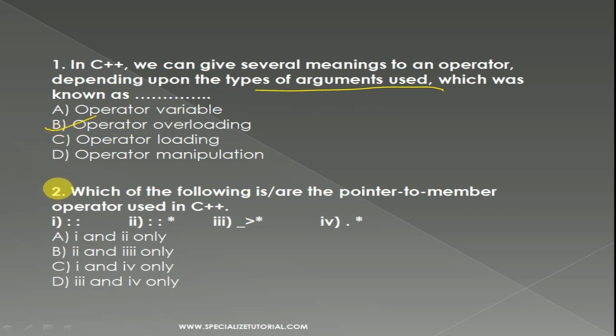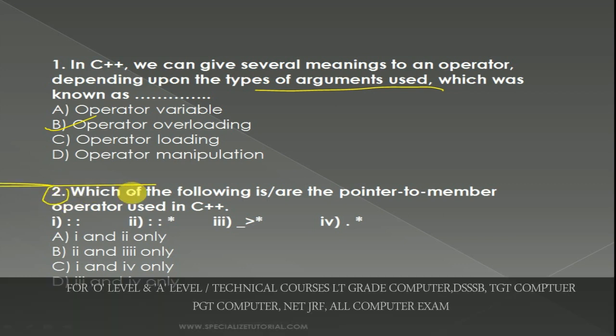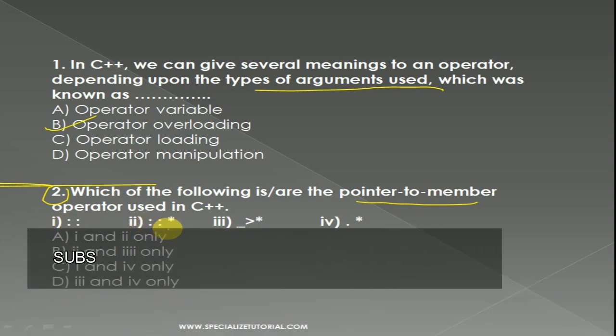Now question number 2: which of the following is a pointer to member operator used in C++? Just look at this: this is the scope resolution operator, and this is a pointer to member.